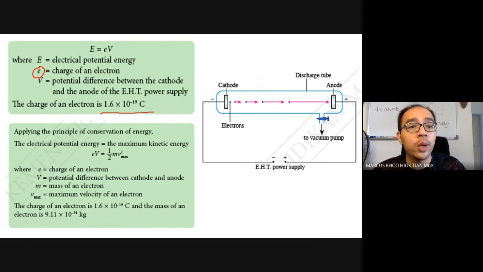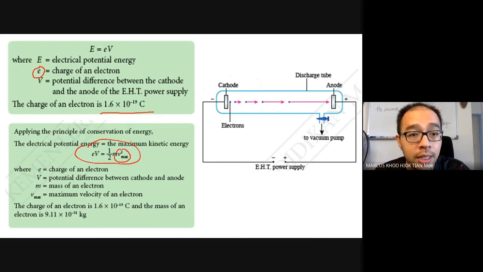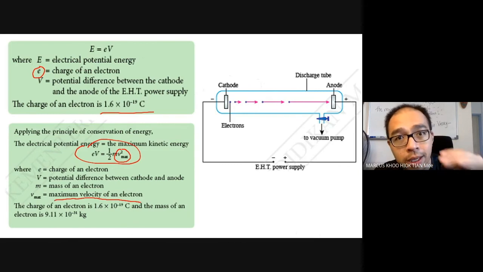But when we apply the principle of conservation of energy, if all the electrical energy is converted into kinetic energy, you're going to get eV equals half mv squared. And this v is the maximum velocity of an electron, which we can calculate just before it hits the screen.